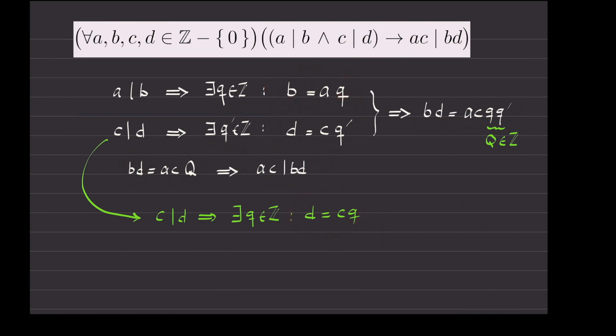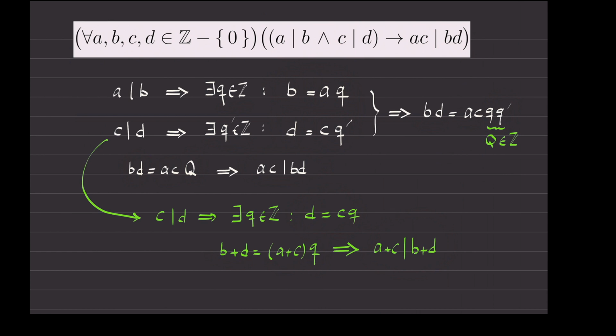Then this becomes B plus D. The right hand side, because now the letter Q is in common, I can factor it out, it becomes A plus C times Q. And then you wrongly and mistakenly will conclude that because A plus C multiplied by an integer is B plus D, it means that A plus C divides B plus D. So you might think that if this relation holds, you can conclude this relation holds as well.